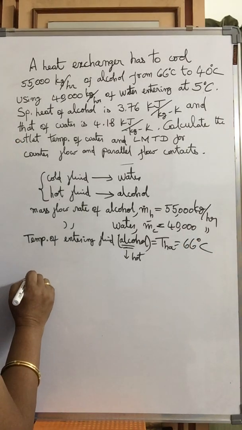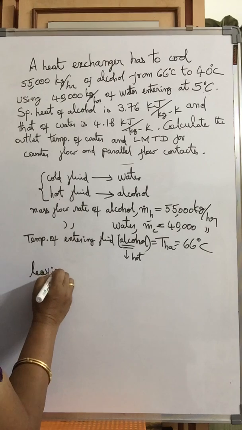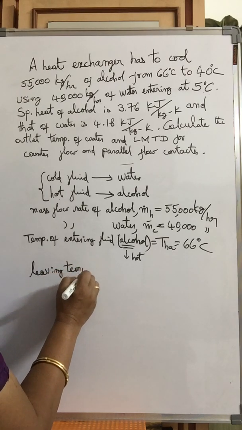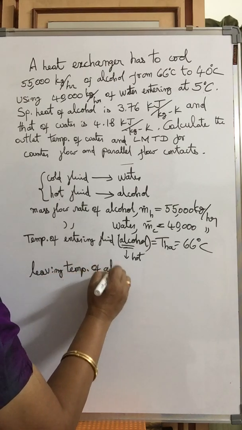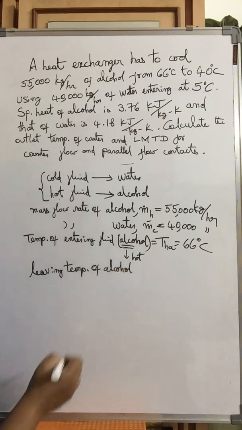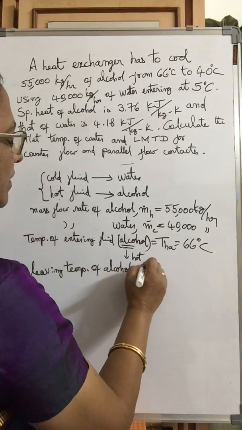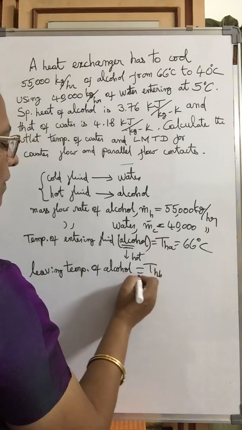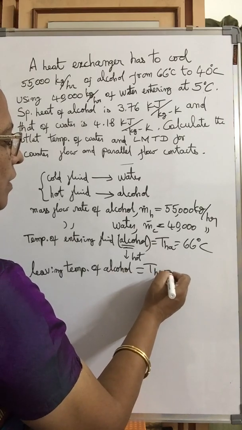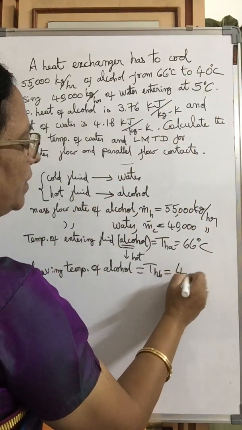Then the leaving temperature of alcohol, that is THB, because alcohol is the hot fluid and leaving is B, so that is 40 degrees centigrade.